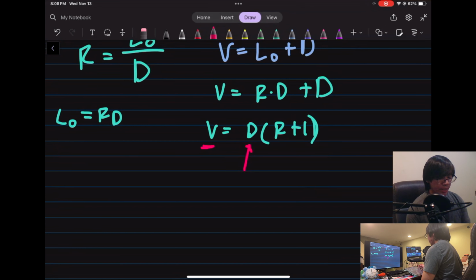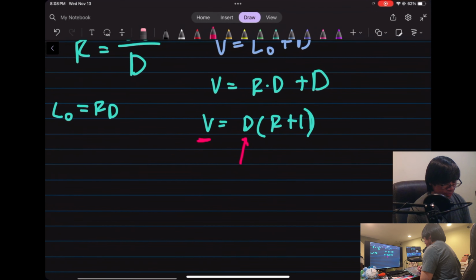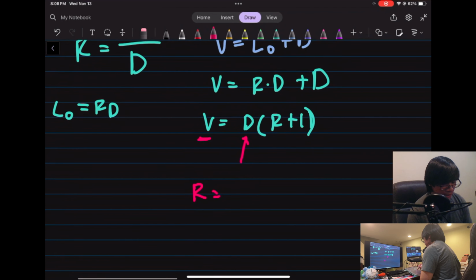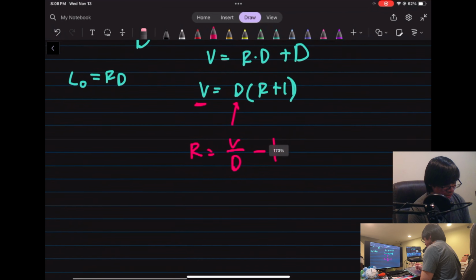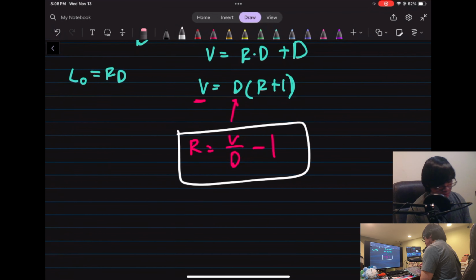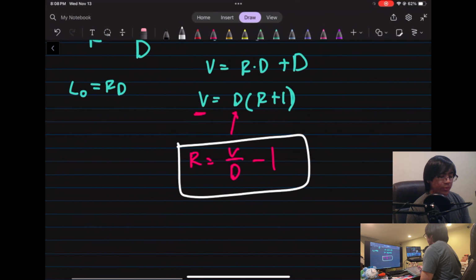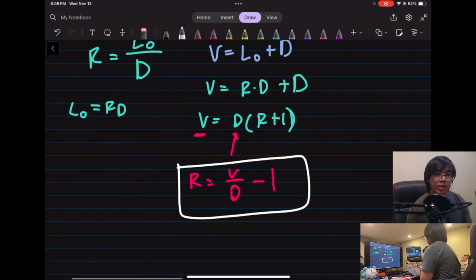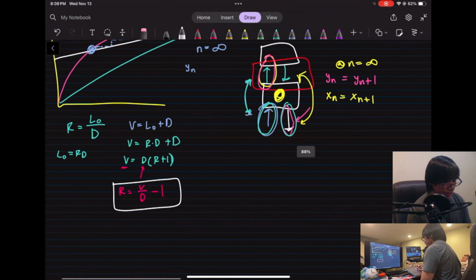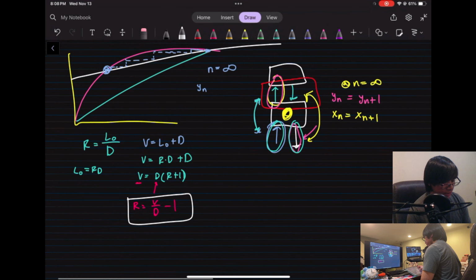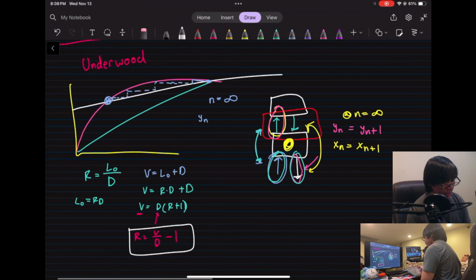So R would be V over D, minus 1. We're trying to obtain this reflux ratio from this expression, so we need vapor flows and a distillate flow. These are total flows, I should say. Let's start our derivation here.